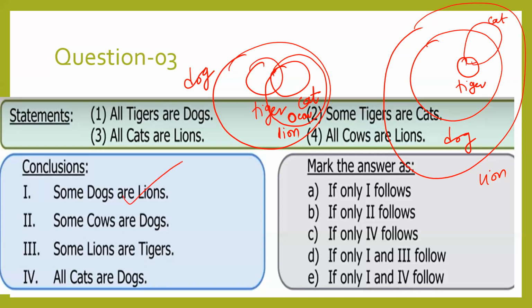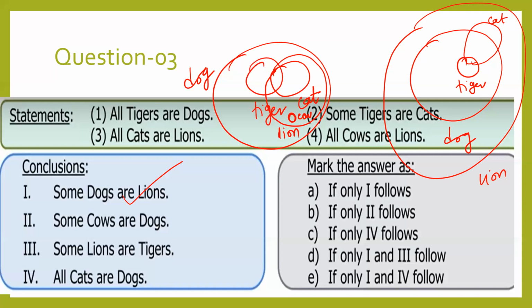Then some cows are dogs. All tigers are dogs. Some tigers are cats. Then all cats are lions.